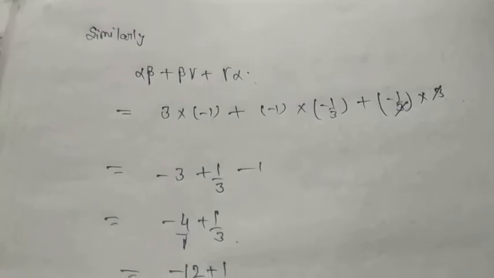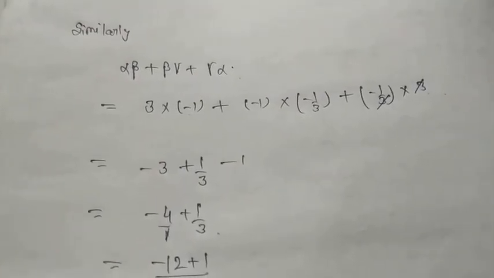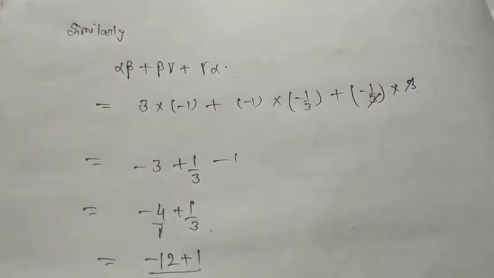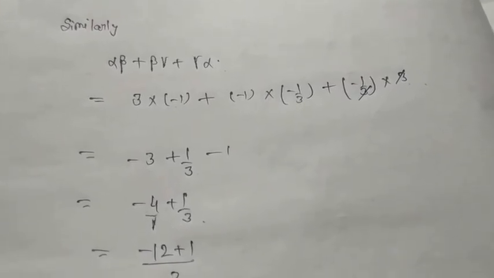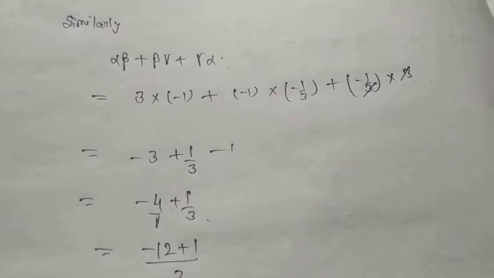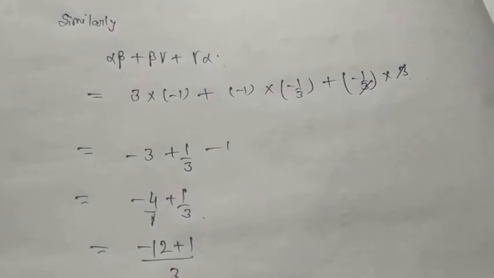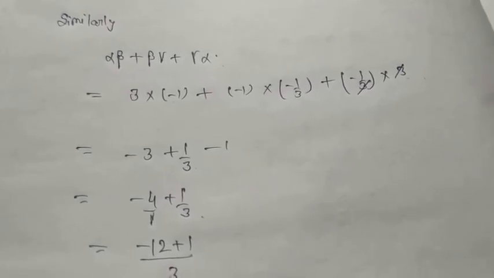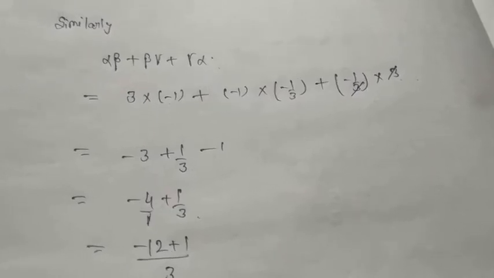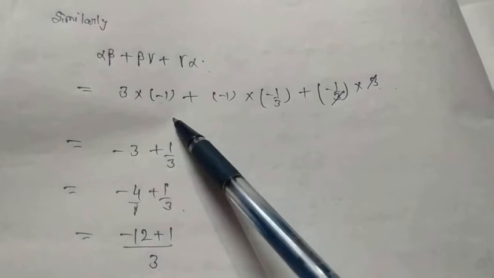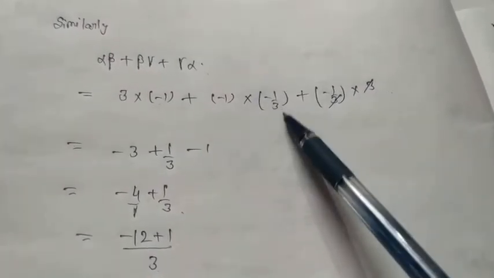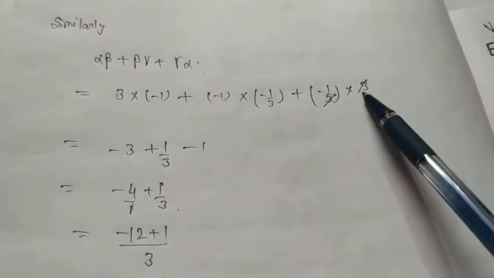Okay, now see children, another formula was alpha beta plus beta gamma plus gamma alpha. Again, firstly you calculate it directly by putting the values of alpha, beta and gamma. So alpha was 3, beta was minus 1 and gamma was minus 1 by 3. So I have put the values: 3 into minus 1 plus minus 1 into minus 1 by 3 plus minus 1 by 3 into 3.